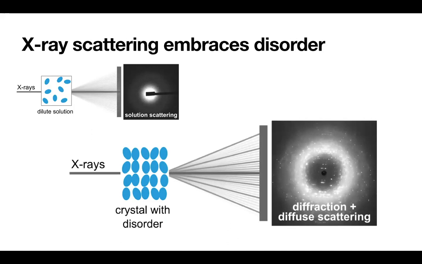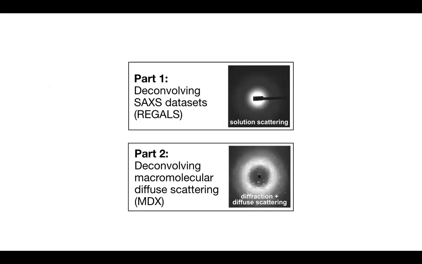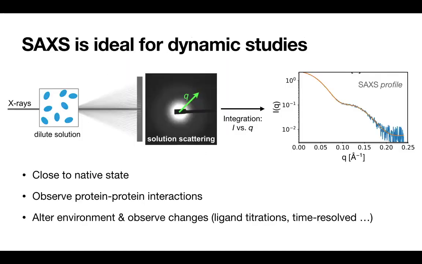First, you have the intense Bragg peaks that you see in normal diffraction, and in the background, you see a cloudy diffuse scattering pattern. And that will be the subject of the second part of the talk. So first, I'll talk about small angle scattering and the techniques we've developed to analyze that sort of data.